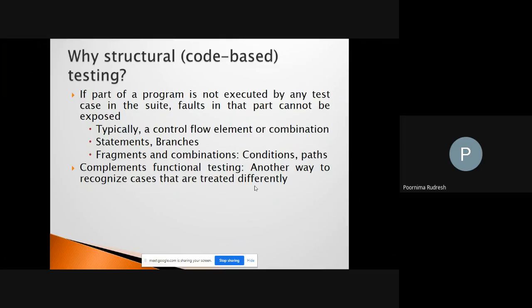We assume that with the different structural testing strategies, the entire program is going to be executed without leaving out any single statement or any part of the program. Next, you are going to study the different structural testing strategies: statement testing, branch testing, condition testing, and path testing.